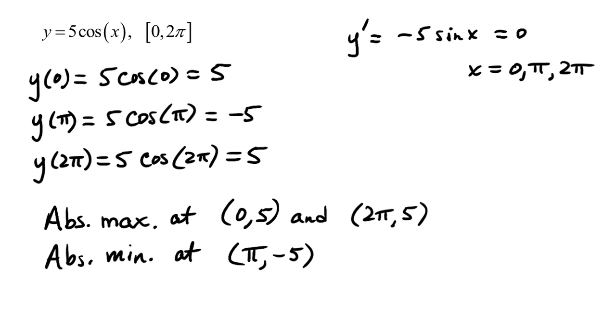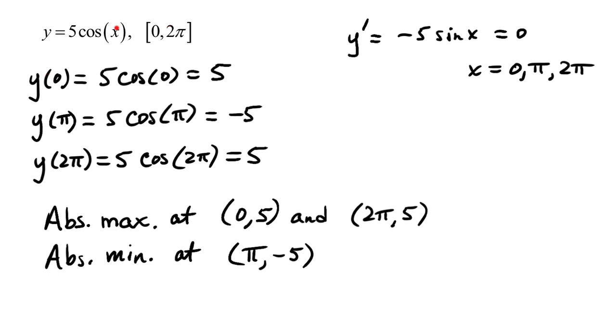And if you recall from your unit circle, sine x equals 0 at 0, pi, and 2 pi. We have 3 critical numbers. We have to check 0 and 2 pi because those are the interval endpoints, but we also need to check at pi because that's a critical number inside of our interval.